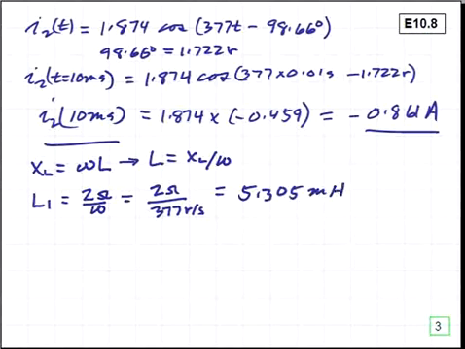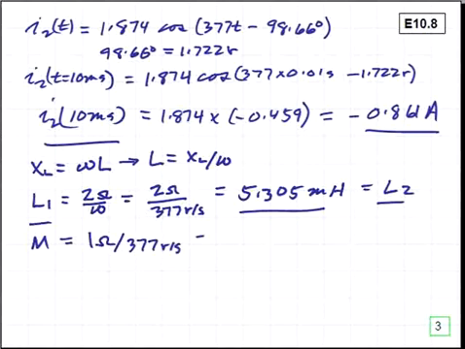And that will be the same value for the inductor L2 because they both are given as having the same impedance value. The mutual coupling value M is equal to 1 ohm divided by the 377 radians per second, and that is equal to 2.653 millihenries.